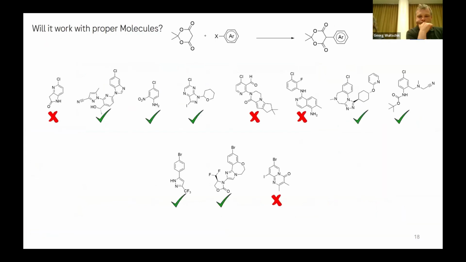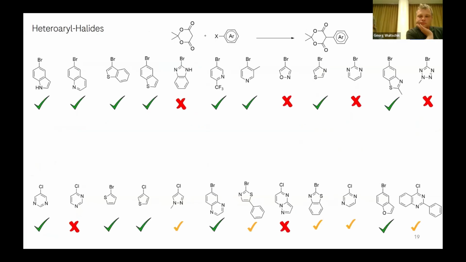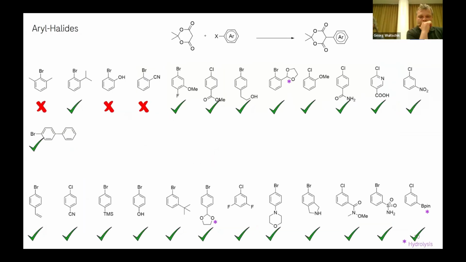So for sure, same thing. We did this analysis with the Meldrum's acid with different, let's say, real molecules on it. And we were quite happy to see that this is super similar to what we saw with the barbituric acid. Also for the heteroaryl halides, this looks quite good. The tendency is actually that it works even a little better than with the barbituric acid.